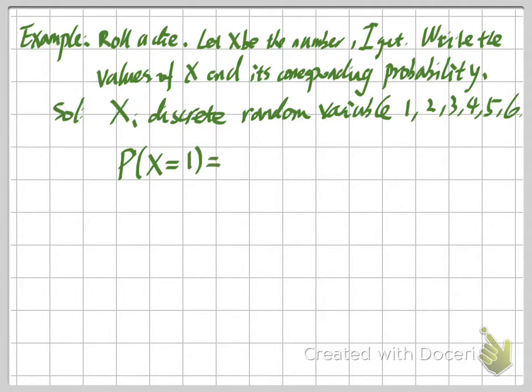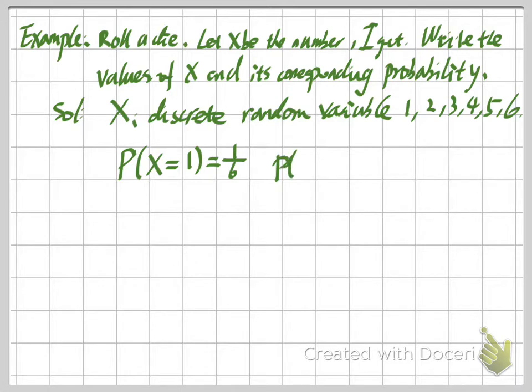Because this die is a fair one, this is 1 over 6. This means the probability that this random variable equals 1 is 1/6. And similarly, we can have the others.